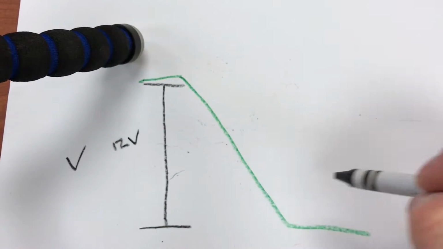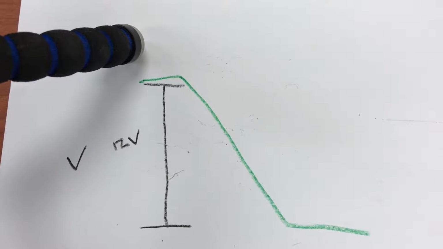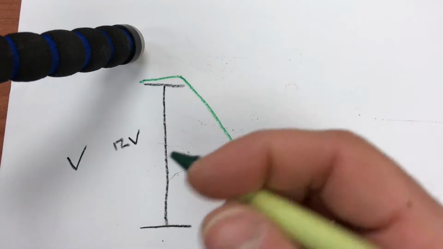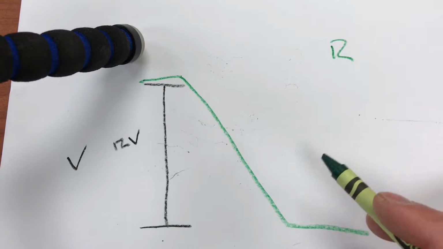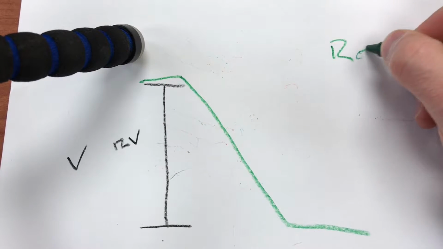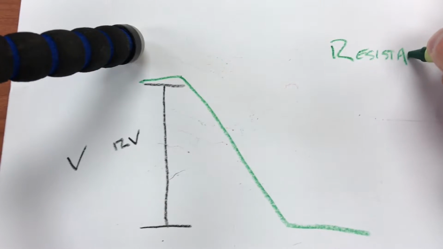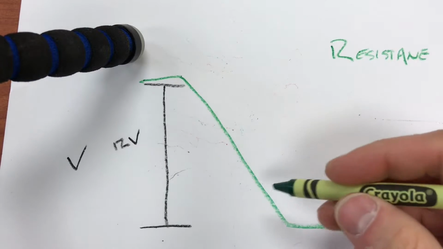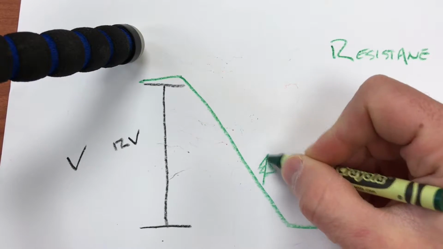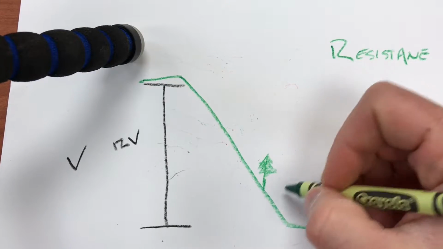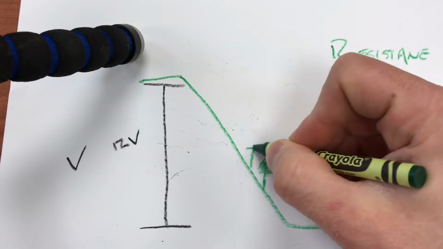And then we have resistance. We're going to say resistance is green. We're going to define these in just a second. Let's say along the way there are some trees. They're resistors.